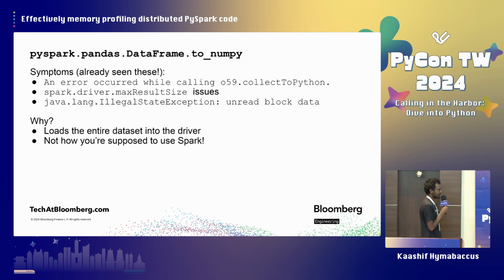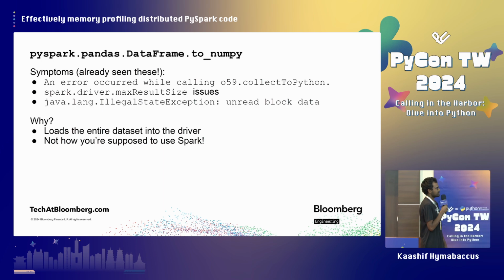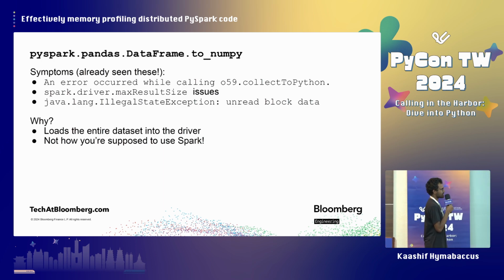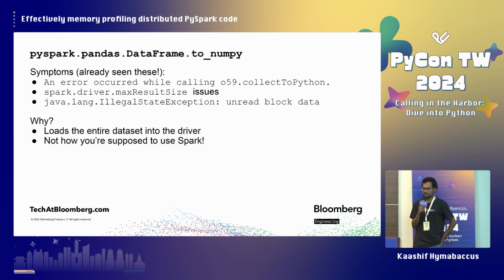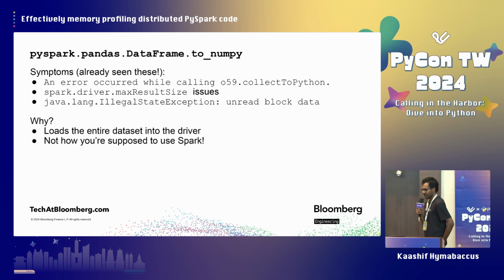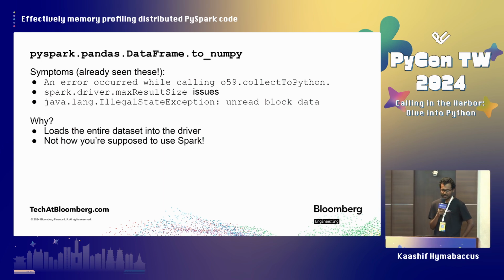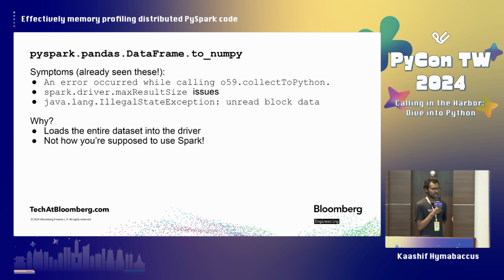This is the one we just saw, just a summary of what we saw effectively. When you see these kinds of errors coming from collect to Python, that is a sign that you're collecting your data set into one node, and you just shouldn't do that. The whole point of Spark is to run distributed computations, and in some cases, you'll have to really think about how you can distribute your computation.